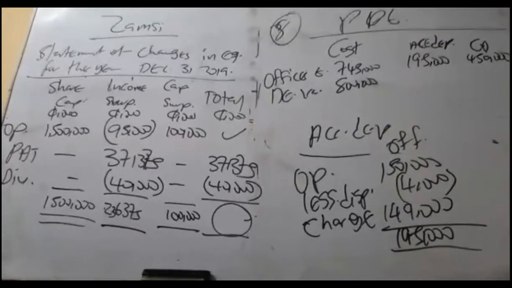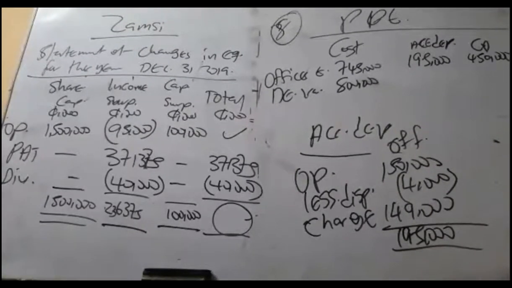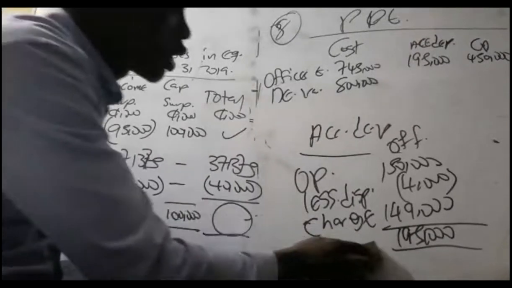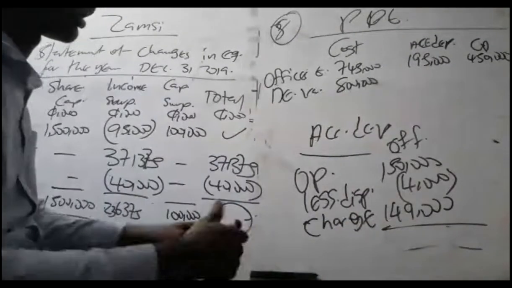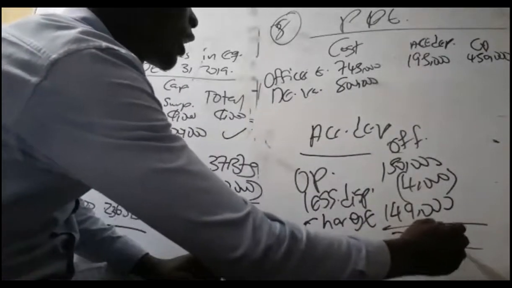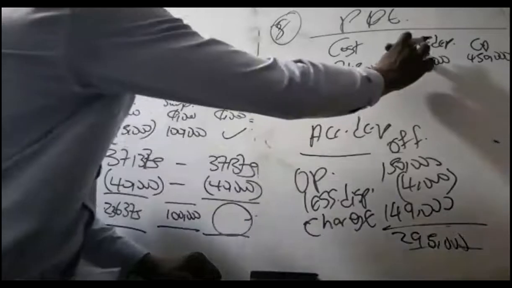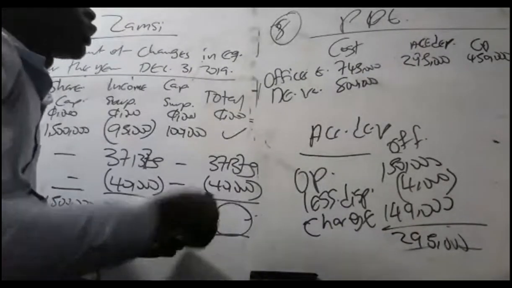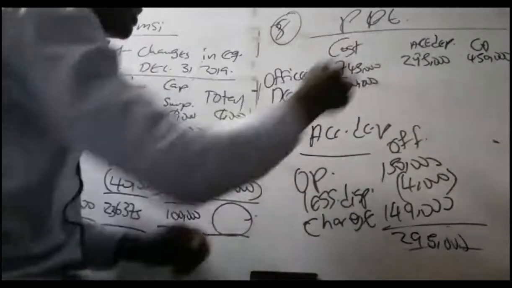So this is okay, it's 295, not 195. So putting everything, 295,000. So come and put it here as 295. So this minus this gives us the current amount.